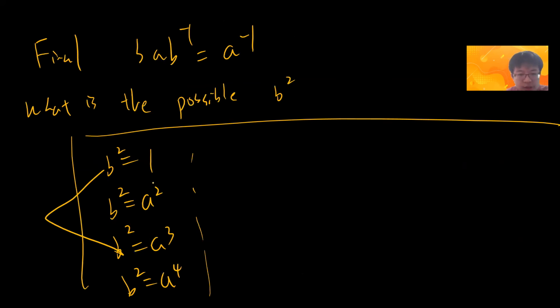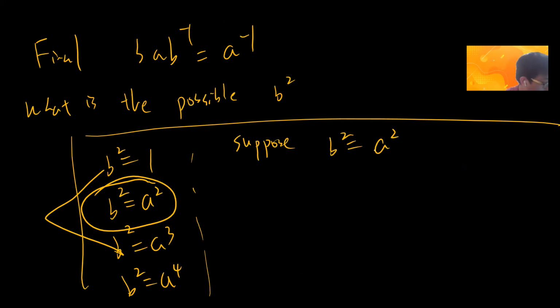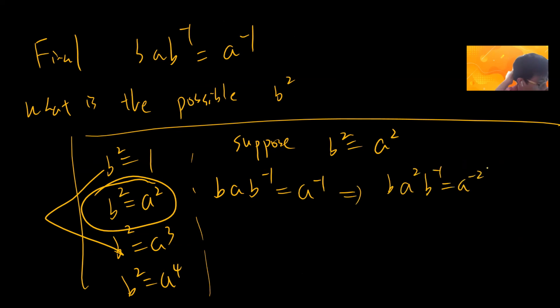Okay, and the reason is that let's start from here, right? So suppose this is A squared. Then we start from here, right? So we get BAB inverse is A^-1, right? And then we can square it, so we get BA squared B inverse is A^-2.